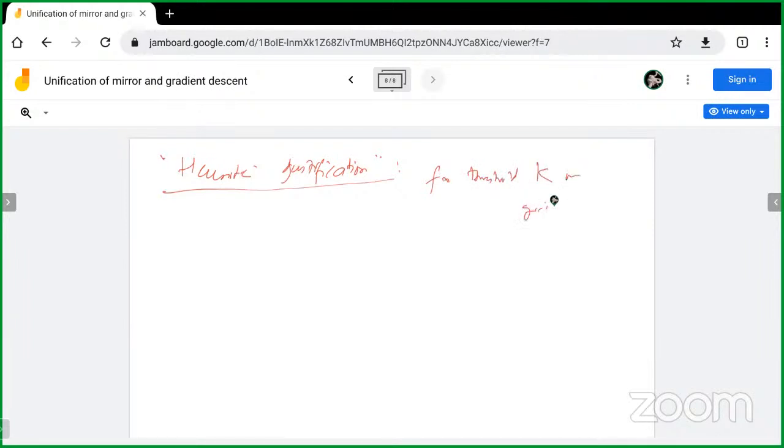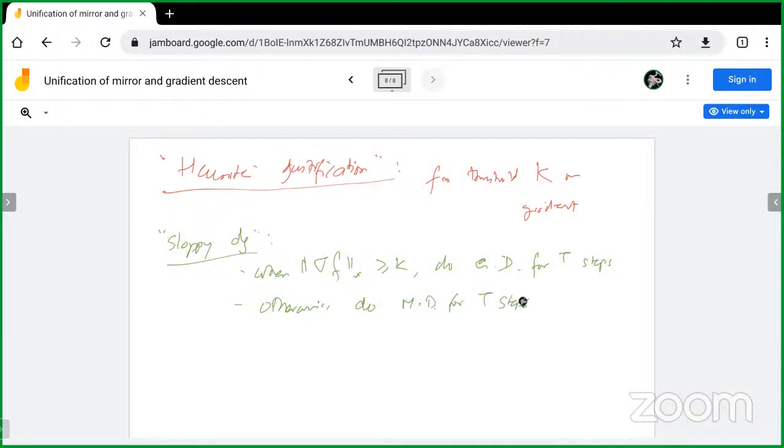Okay. So here is a sloppy algorithm, which will not work, but just to justify that something can work. When the gradient is at least k, you do gradient descent for t steps, and otherwise do mirror descent for t steps.